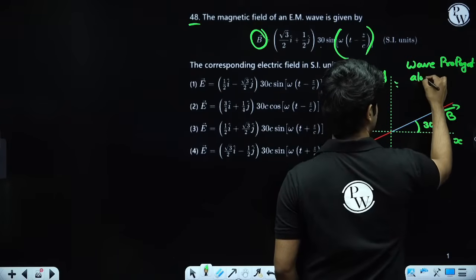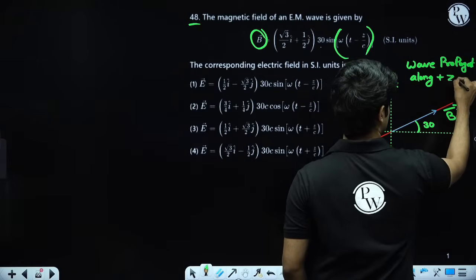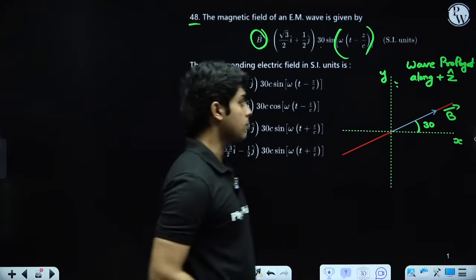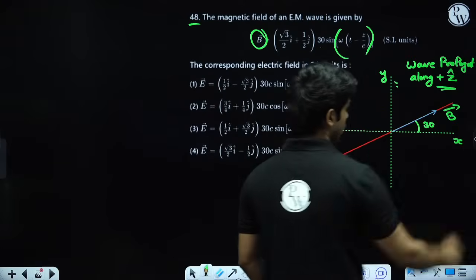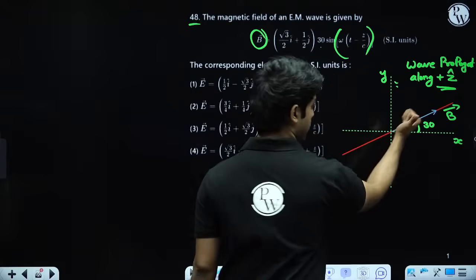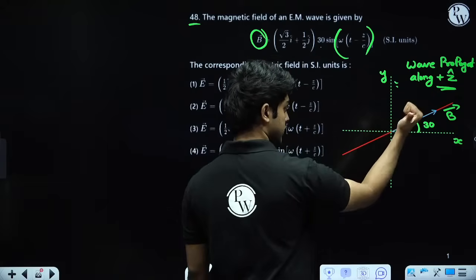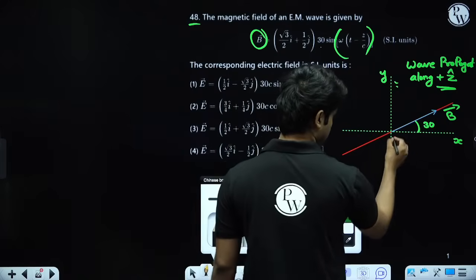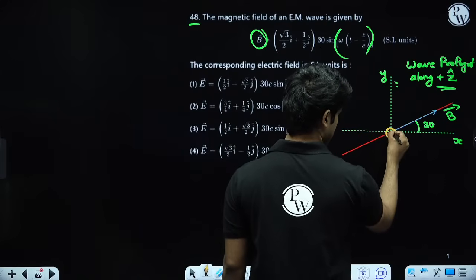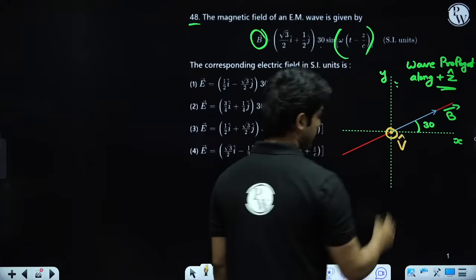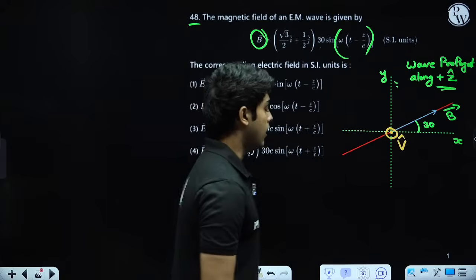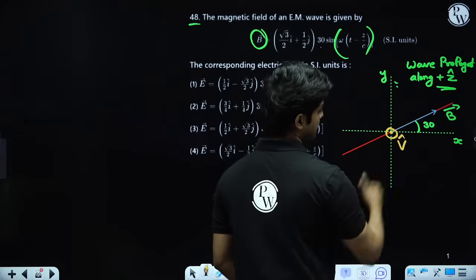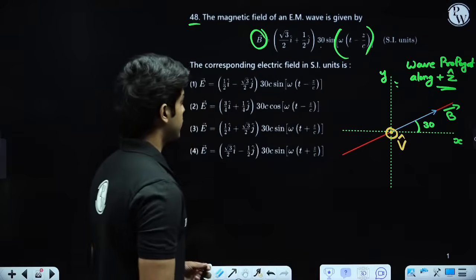If it is omega t minus z by c, the wave is propagating along plus z. So the wave propagation direction is out of the page, the z direction. If I want to write that as v cap, it is out of the page, which is a dot. So that is the wave propagation direction.